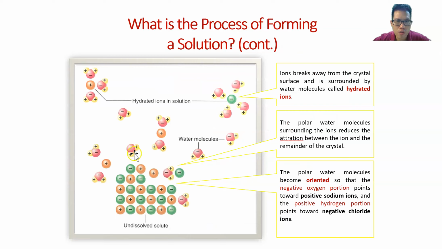When you try to dissolve it, the delta positive part of the water molecule, the hydrogen, will interact with the negatively charged chlorine, and the slightly negative oxygen, delta negative, will interact with the sodium ion, and one by one they will be lifted off from the solute.